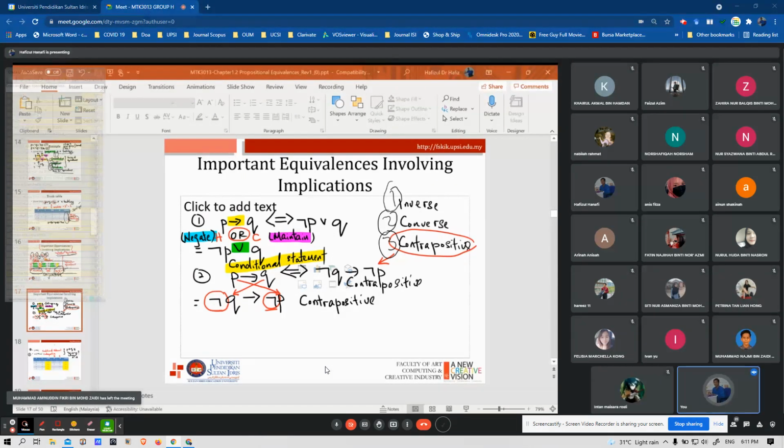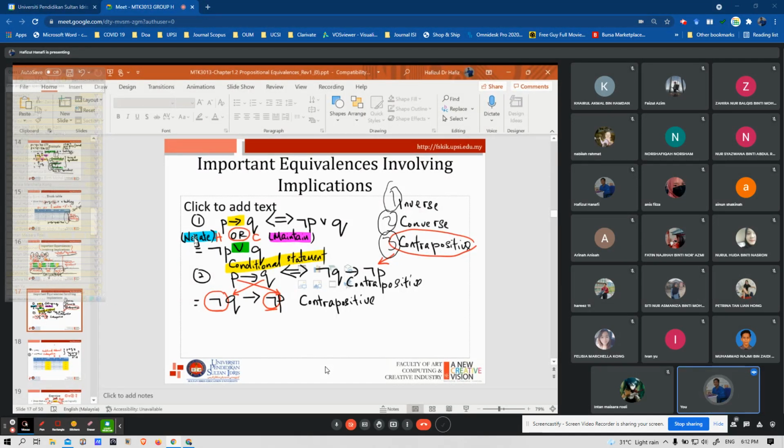For the converse, you interchange the hypothesis and conclusion. For the inverse, you negate both the hypothesis and conclusion. For the contrapositive, you interchange the hypothesis and the conclusion of the inverse statement.